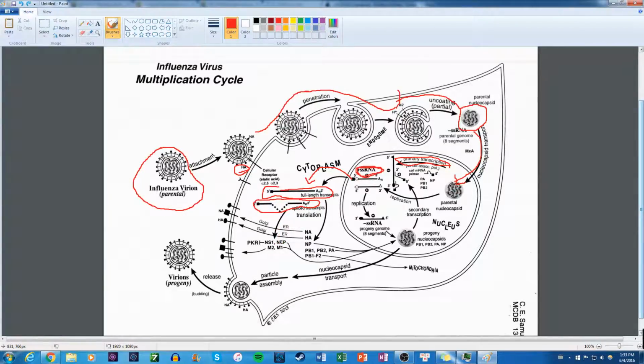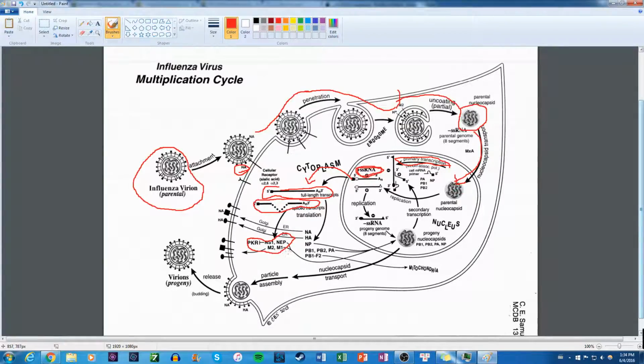These proteins are made along with some of the other structural proteins, such as neuraminidase and hemagglutinin, nucleocapsid, and the polymerases.